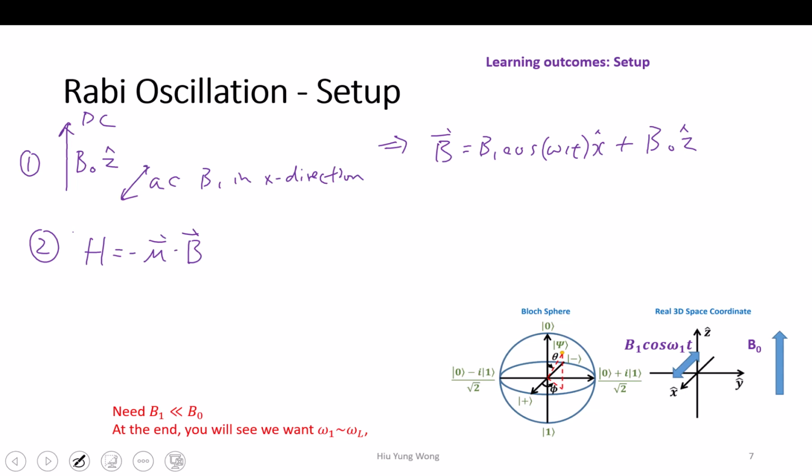But what is the mu that I should use? The mu is equal to the gyromagnetic ratio times the spin.